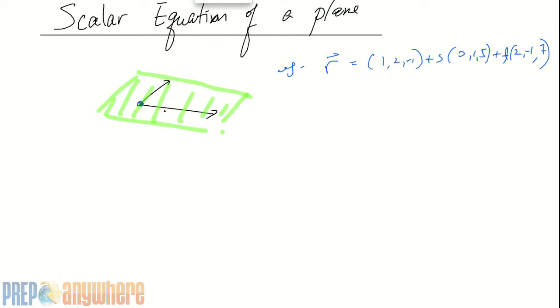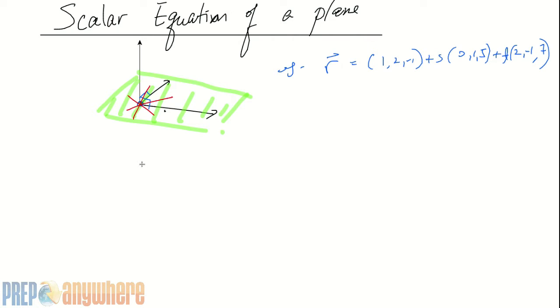Visually, we can represent this plane by taking this point and, instead of using two vectors, just using one vector. That one vector is perpendicular to both of these vectors, or in fact perpendicular to any vector on this plane.